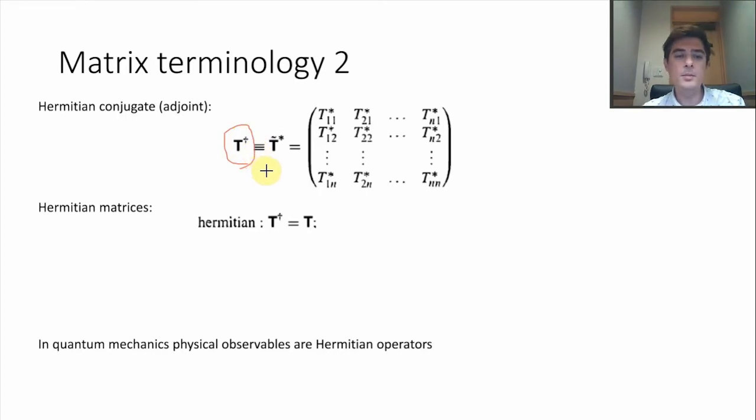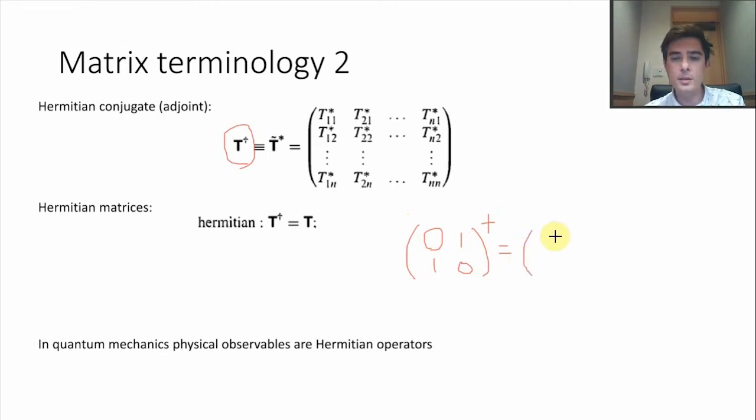Again, there are special matrices where the complex conjugation does nothing. A simple example would be 0, 1, 1, 0. Say I take the Hermitian conjugate of that, which is equal to taking the transpose and then the conjugation, or the other way around if you like.